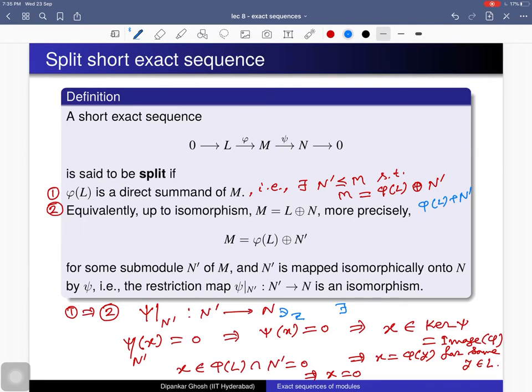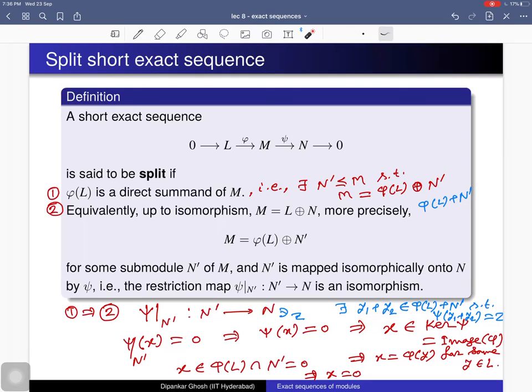So, there exists y1 plus y2 in this sum phi of L plus N prime, such that psi of y1 plus y2 is the same as z, because this map is surjective. For each element here you will have a pre-image, and since M is the internal direct sum of these, your pre-image will look like this.